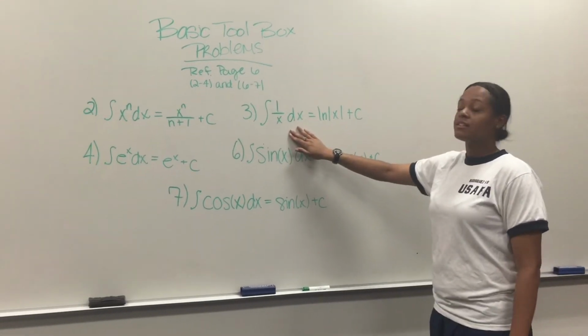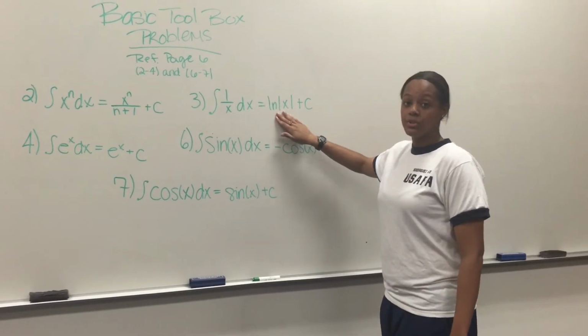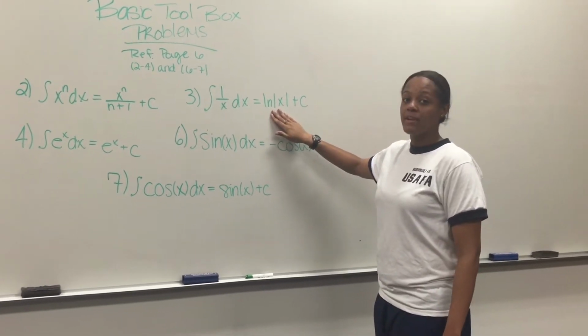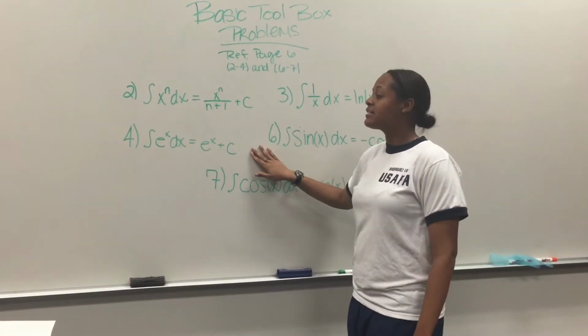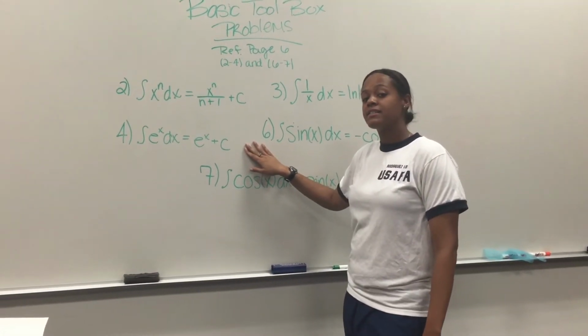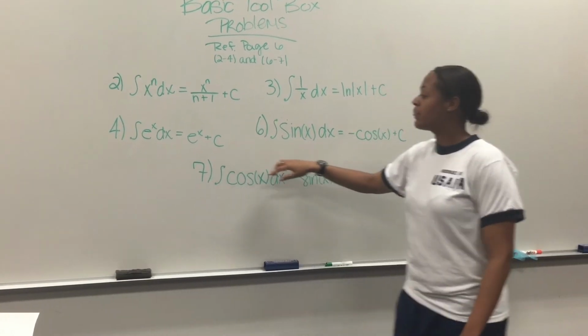Number 3 is the integral of 1 over x dx is equal to the natural log of the absolute value of x plus c. Number 4 is the integral of e to the x dx is equal to e to the x plus c.